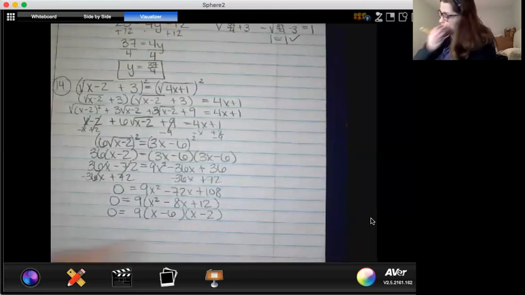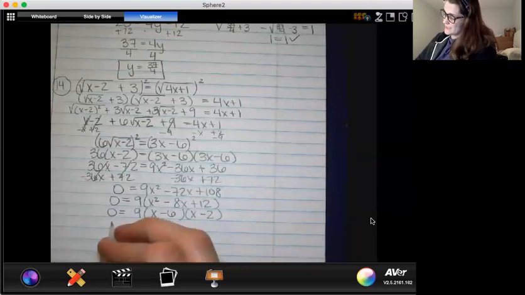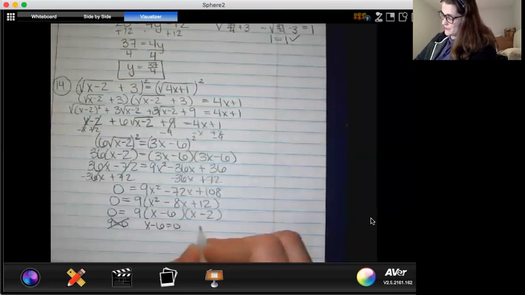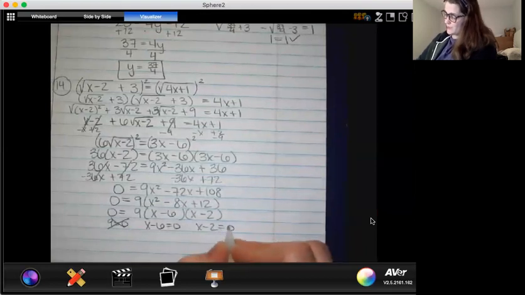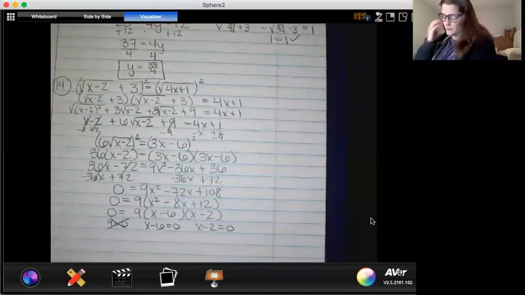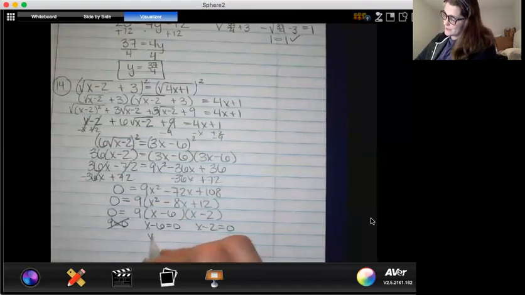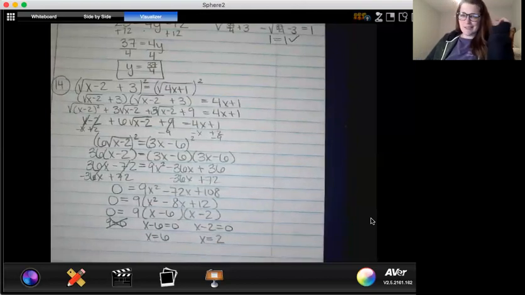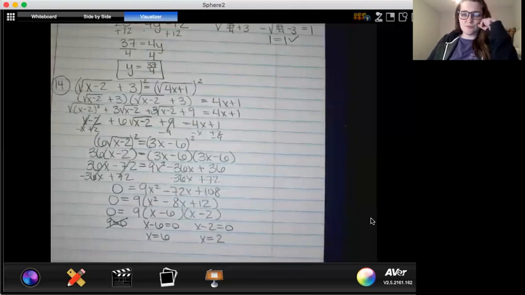And I'm going to set those equal to 0. Okay, technically 9 equals 0, which isn't true. X minus 6 equals 0, and x minus 2 equals 0. Okay, now we always say make sure you set the GCF equal to 0, but if it's just a number, obviously 9 can't equal 0, so it kind of goes away. So we get x equals 6 and x equals 2. Set it backwards, but it's still true, okay?